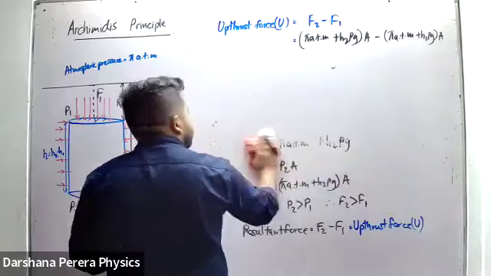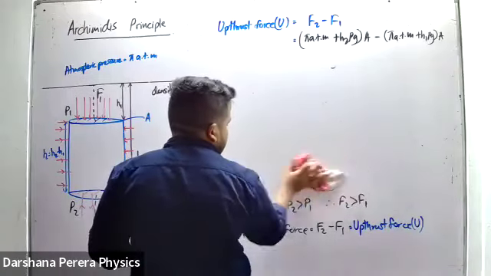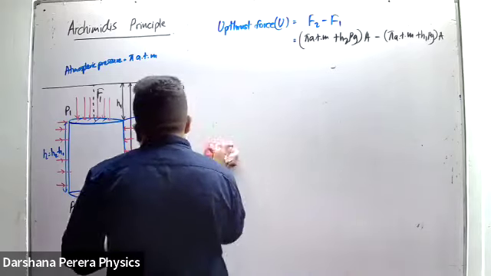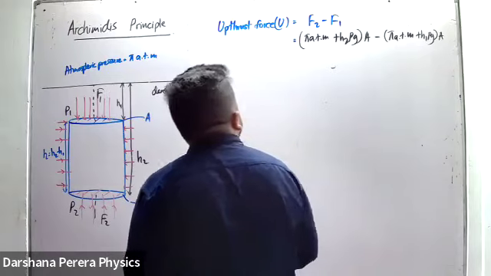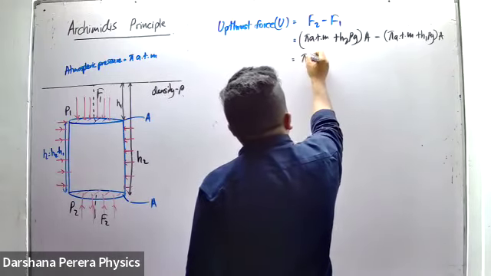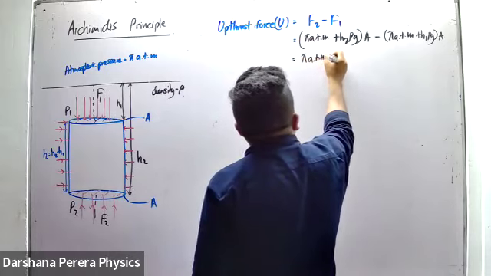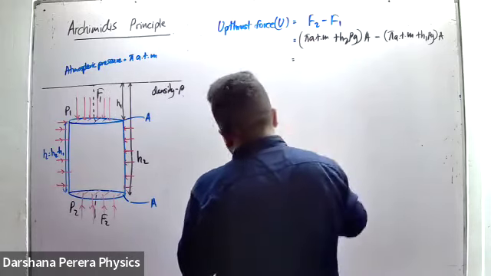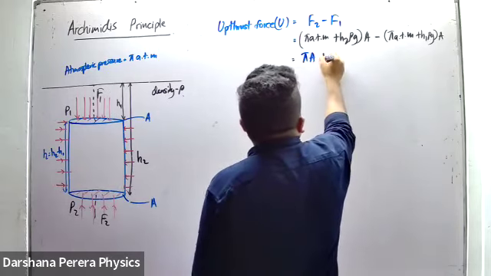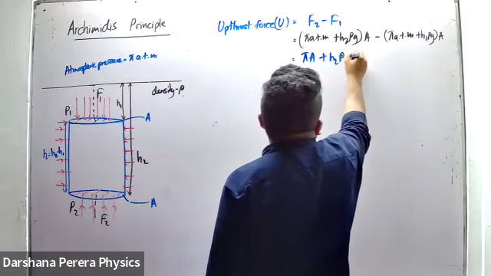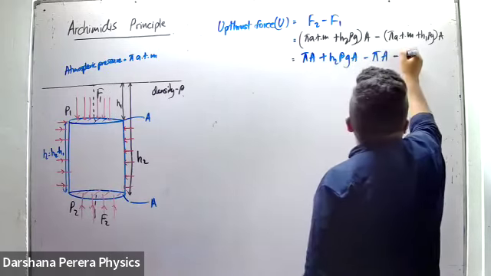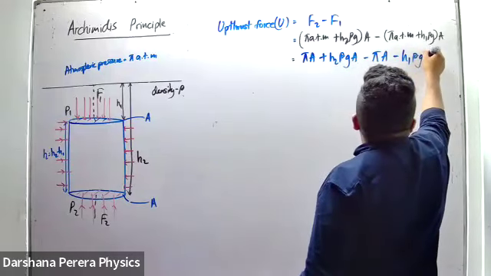Okay, let's substitute this one. Therefore, P atm A plus H2 rho g A minus P atm A minus H1 rho g A.